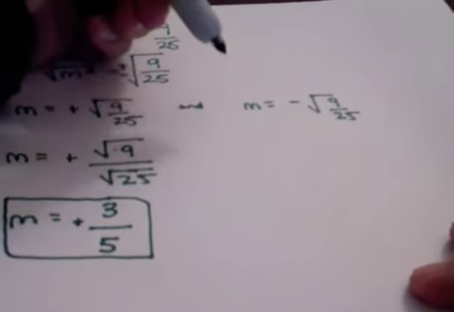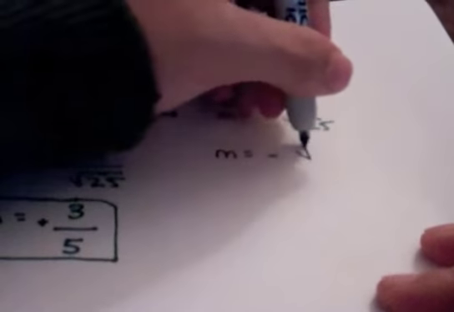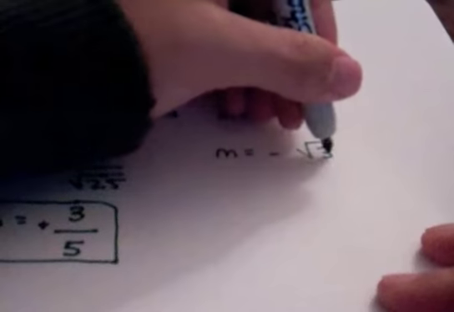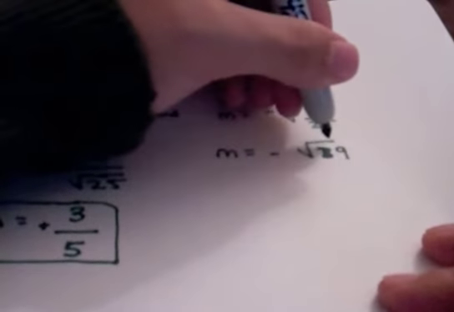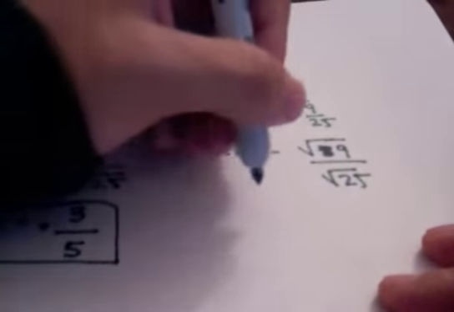And now we have to finish working through this part. So we'll set it up again the same way using the distributive property. So negative, oops, I'm already thinking ahead, 9 over square root of 25.